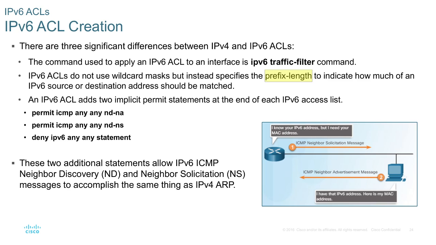This particular set of statements is there for things like ICMP, neighbor discovery, neighbor solicitation. Some of these we may have discussed in some previous courses as well. So that is what we would have in an IPv6 ACL there.